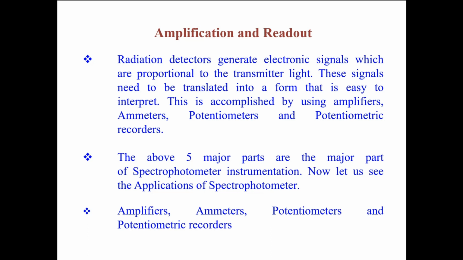The amplification devices will be there as and when the detector is producing very little amount of energy. If that amount of energy cannot be read by the readout device, that means the recorder, then we go for amplification. So that's what we saw in the photomultipliers. When a low amount of light falls on the photocathode, it releases only one or two electrons which may not generate electricity.